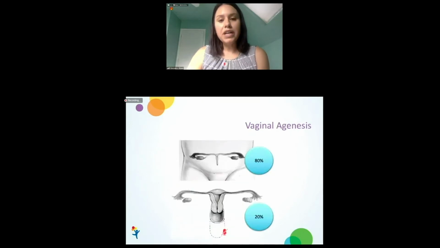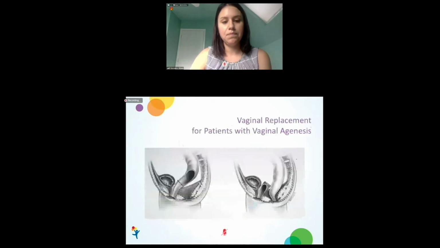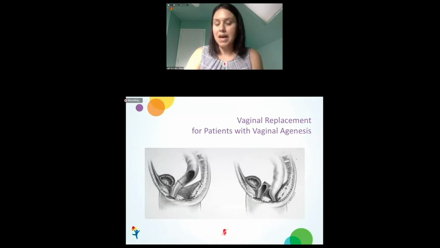So the majority of patients who have vaginal agenesis will have complete agenesis, so absent uterus and vagina. Some will have partial vaginal agenesis, meaning only the lower half of the vagina did not develop. So during the posterior sagittal anorectoplasty, vaginal replacement may be indicated.